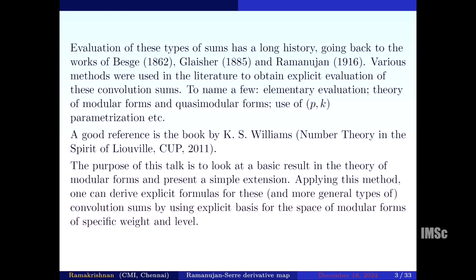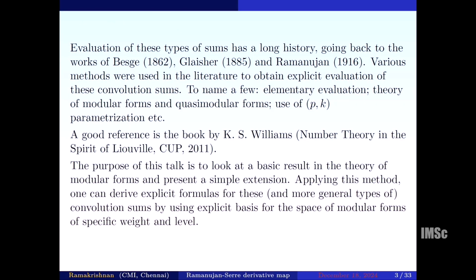And there is also another method called the p-k parameterization. The p and k are written in terms of theta series. You write your expression in terms of p and k, then use the parameterization and evaluate. This is another method in the literature. A good reference to this kind of results is the book by K. S. Williams, Number Theory in the Spirit of Liouville, 2011.